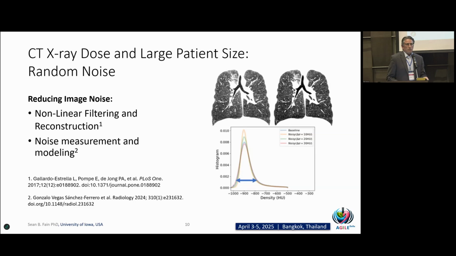And this can be remedied to some extent by nonlinear filtering and reconstruction. Iterative reconstruction methods have addressed this to some extent. And noise measurement and modeling is also something that the field is moving towards. We can estimate the noise directly from the individual patient's scan and then correct for that noise regionally.